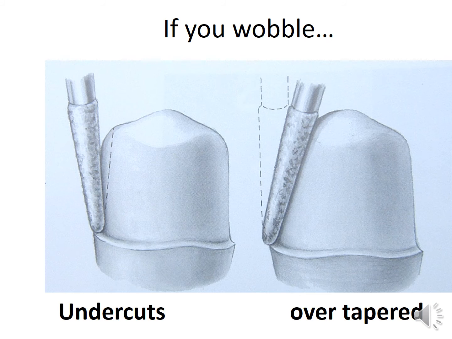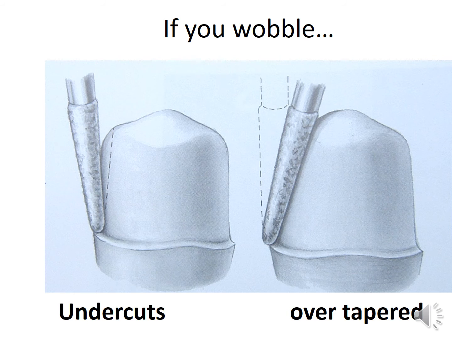If I let the end of the bur, from the finishing line, from the end of my preparation at the cervical area, tilt in, I'm going to create an undercut. You can obviously see the dotted line. The dotted line represents the straight or parallel pathway of the bur, the ideal way.